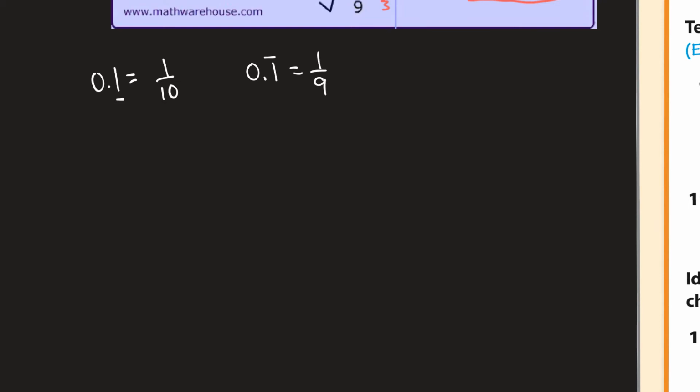Well, if we do cowboys and horses on this, we have 9 going into 1. 9 doesn't go into 1, but it does go into 10. And 9 goes into 10 one time. And then I'm just going to keep dividing this.